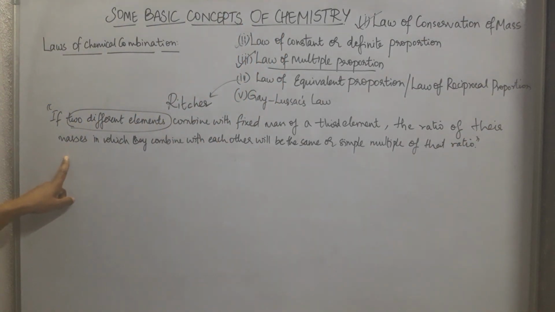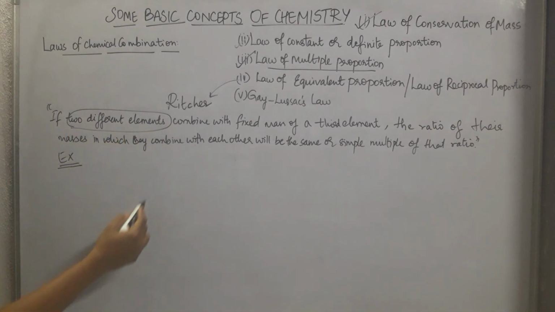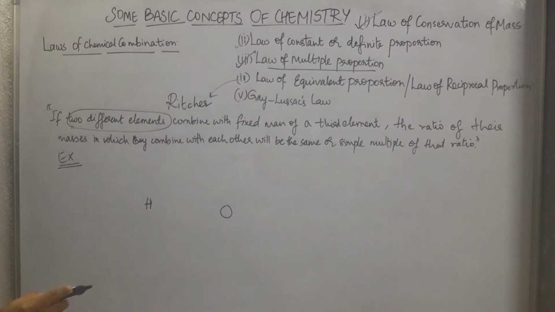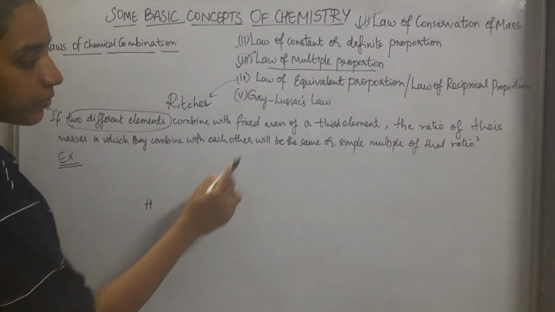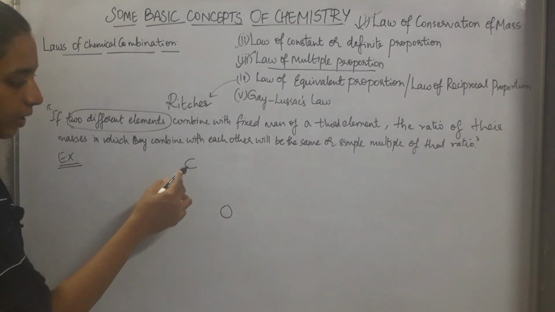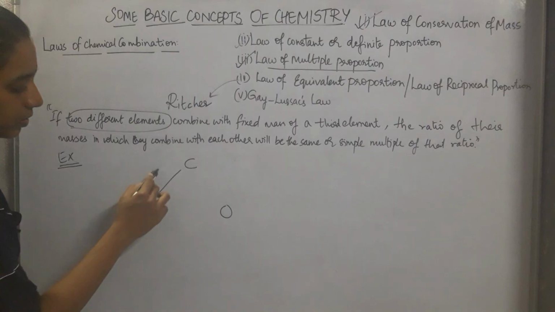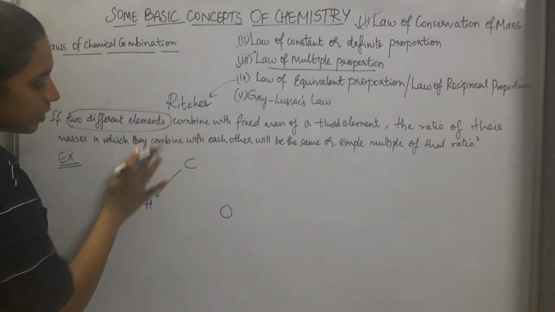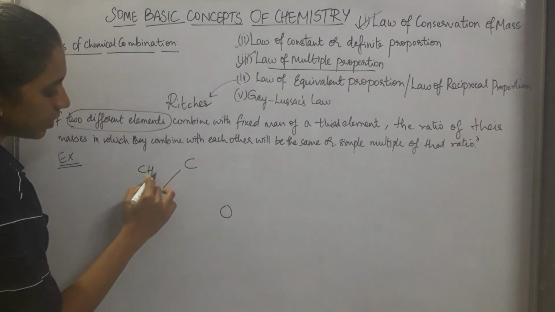We'll understand this statement with an example. First let us take two different elements, hydrogen and oxygen, and they are combining with the fixed mass of a third element, which is carbon. When carbon combines with hydrogen, we get CH4.